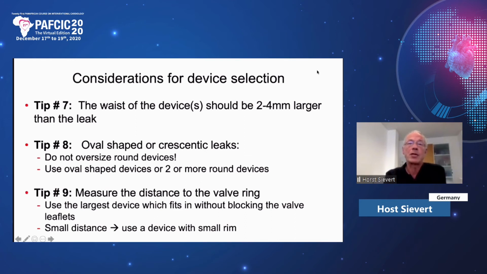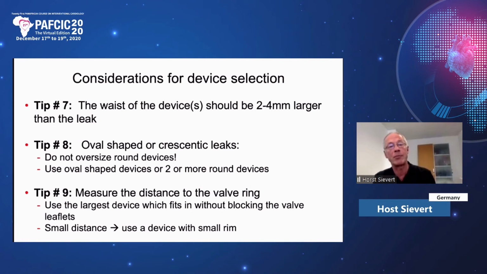So then considerations for device selection. Tip number 7 is the waist of the device or devices should be 2 to 4 millimeters larger than the leak. And then if you have an oval-shaped or crescentic leak, you should not oversize round devices, because when you oversize a round device, it will not adjust to the anatomy of an oval-shaped leak.